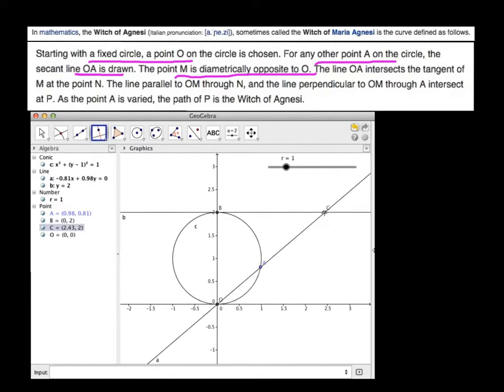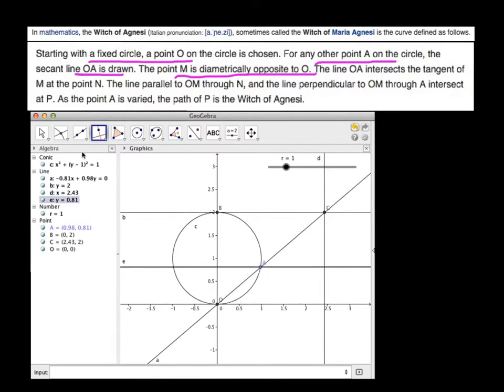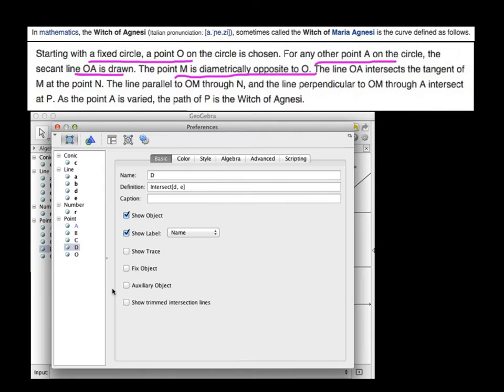From C, we'll draw the perpendicular line to the x-axis, and then from O, the parallel to the x-axis. At the intersection of those two lines is the point which is called in the definition P. In my movie it is called D, so now we will relabel all the points to match the definition.